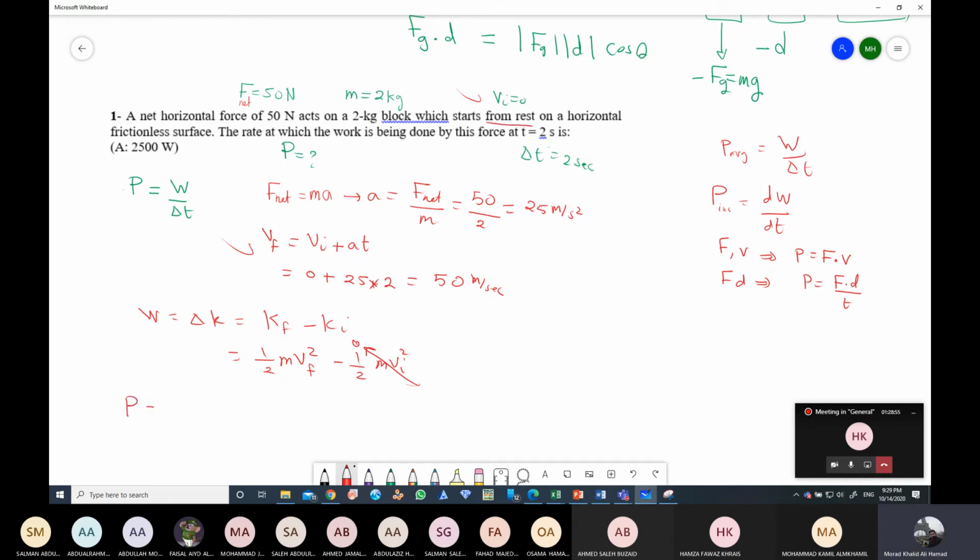So the power is half m v final squared over delta t, which is half times 2 times 50 squared over 2. Is that correct?